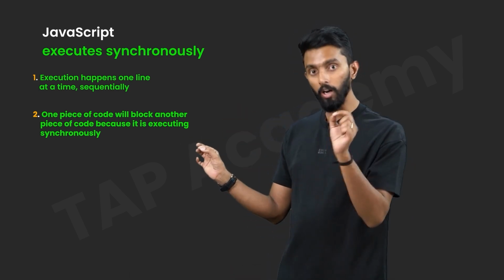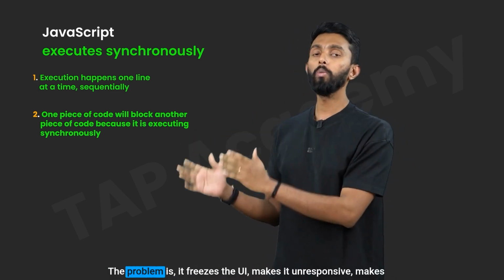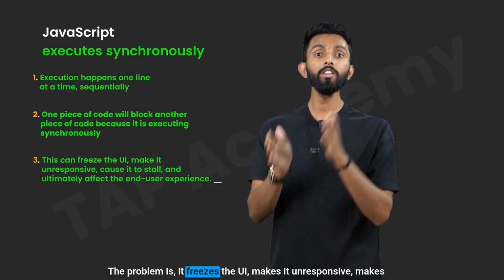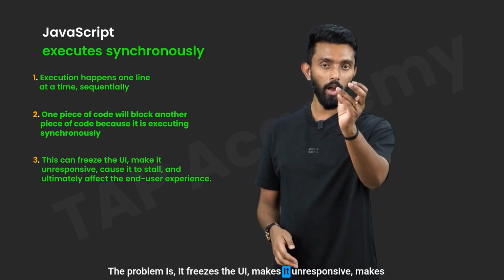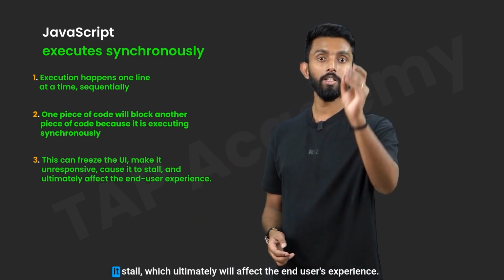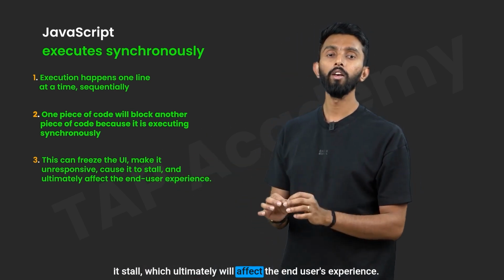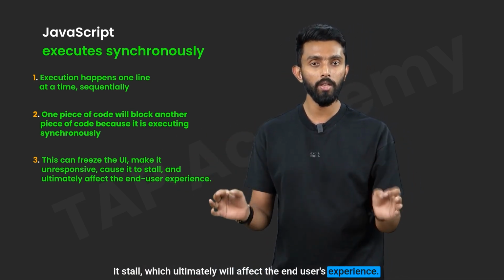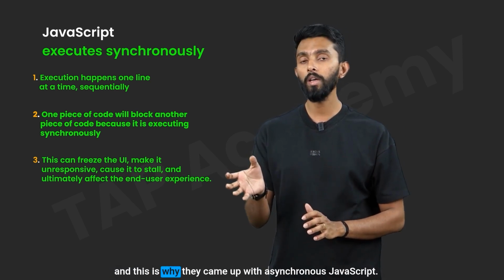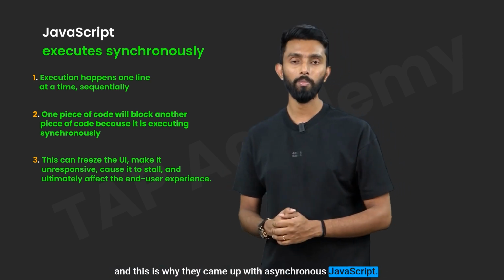The third point is, what is the problem? The problem is it freezes the UI, makes it unresponsive, makes it stall, which ultimately will affect the end user's experience. And this is why they came up with asynchronous JavaScript.